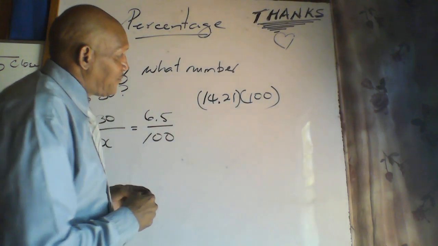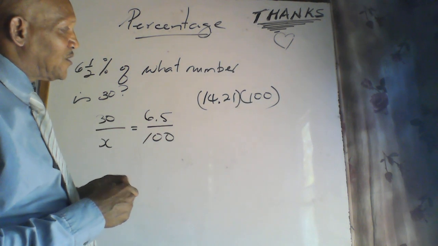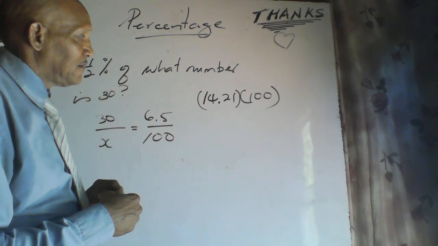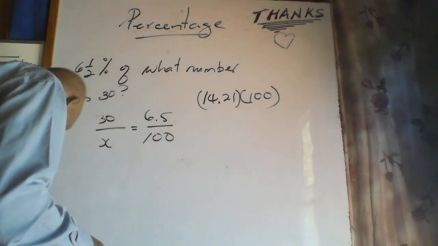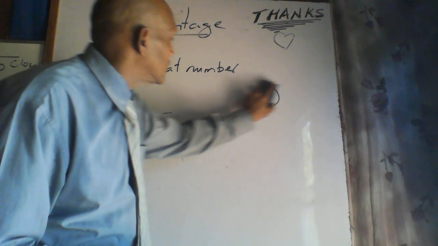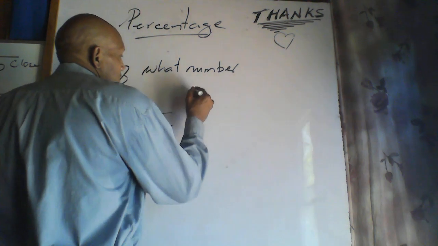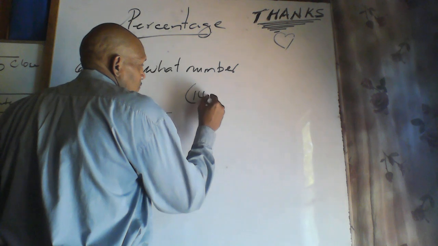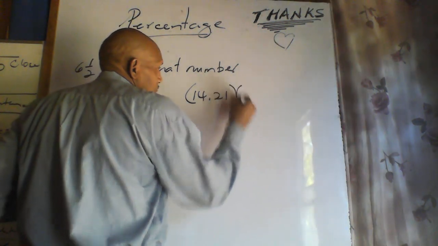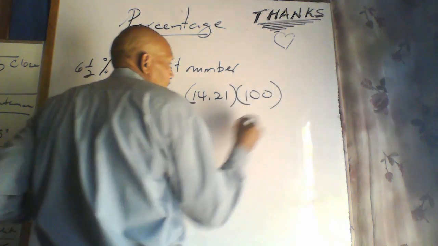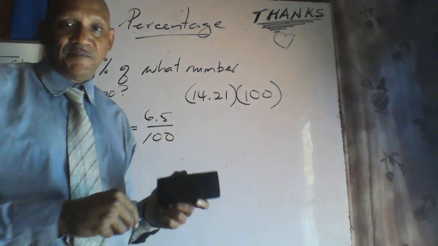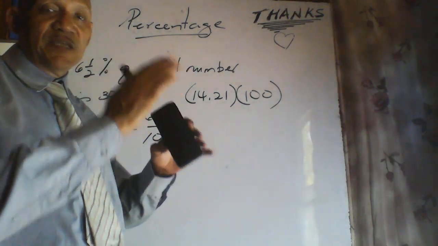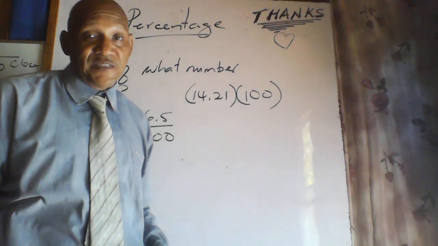I have 14.21 times 100. This is also showing to be multiplication. Multiplication is written like that sometimes. When you have two parentheses beside each other like that, it means multiply.